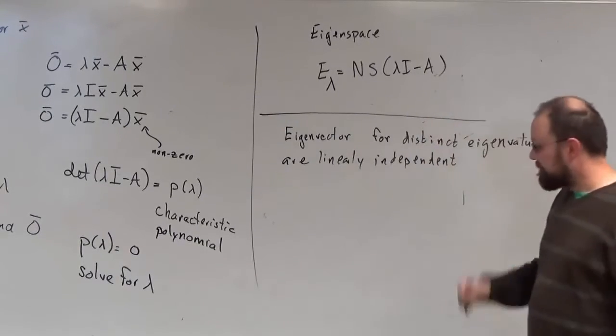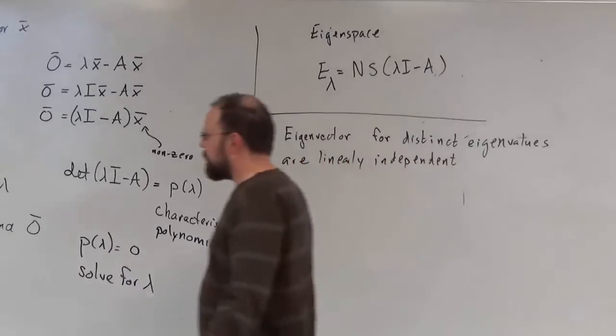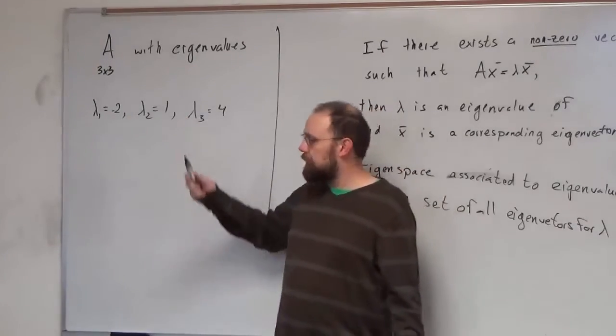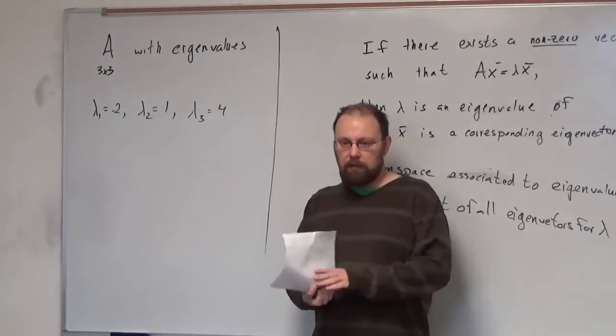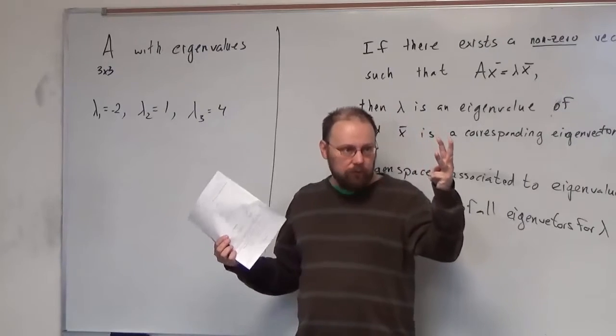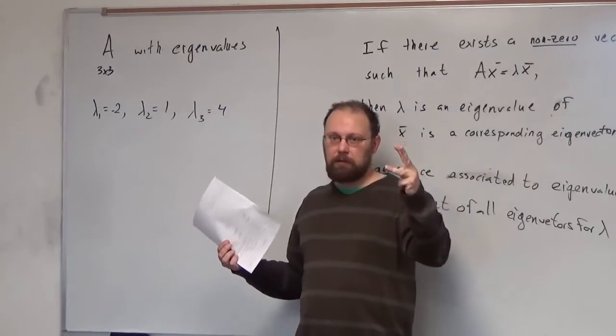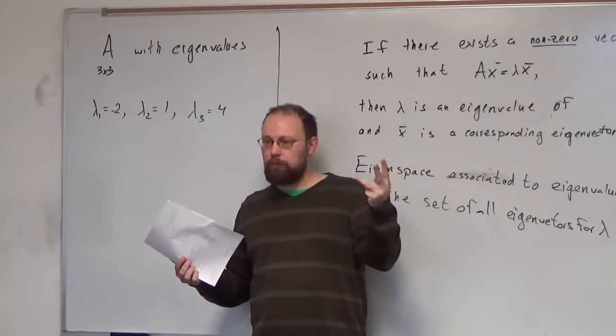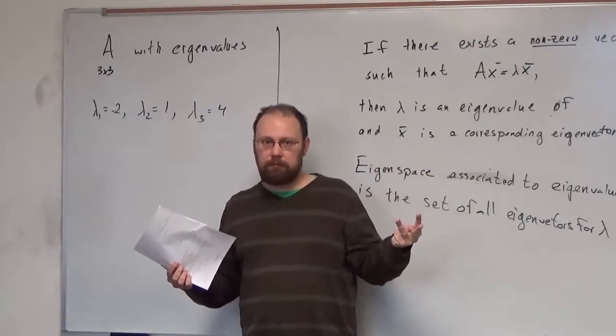Why is this key? Well, because, look, if that's true, I have three distinct eigenvalues for this 3 by 3 matrix. I know that the 3 associated eigenvectors are linearly independent. And so if you have 3 linearly independent eigenvectors for R3, you can create a basis.